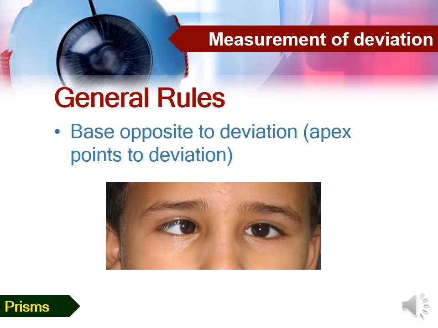So how are prisms held? As a general rule, to measure the angle of deviation, prisms must be placed with the base opposite to the deviation, or in other words, the apex should point towards the deviation. So in a patient with esotropia, the prism will be placed with the base outside and the apex inside.